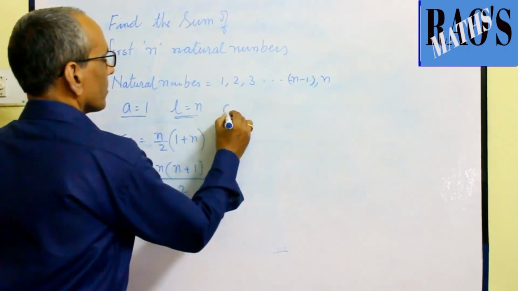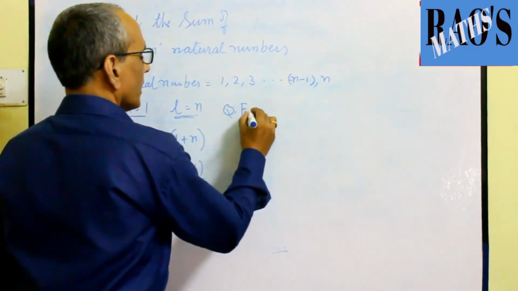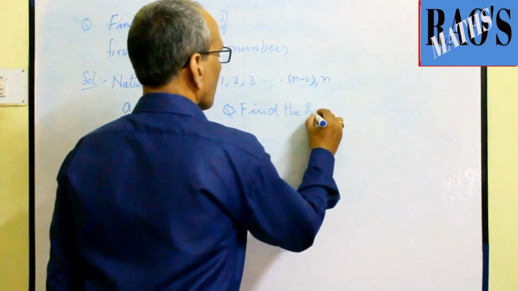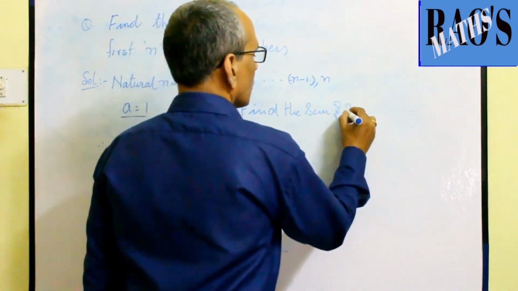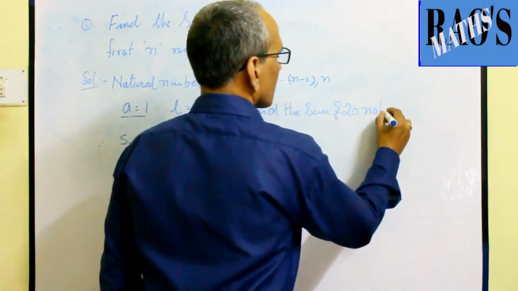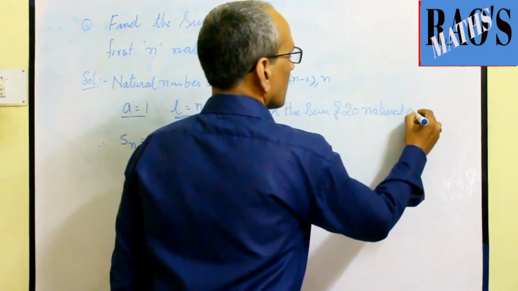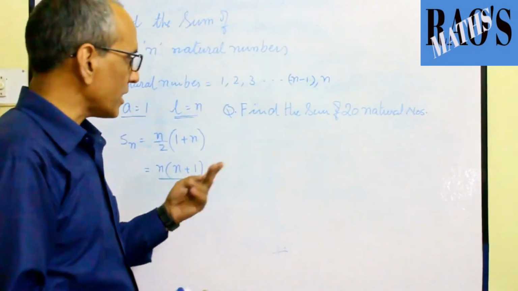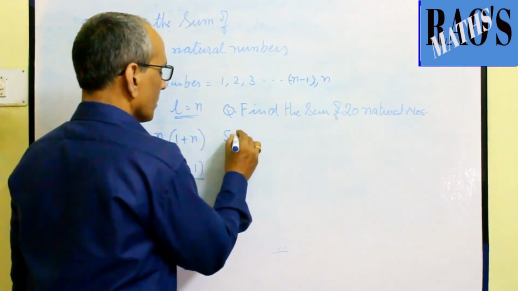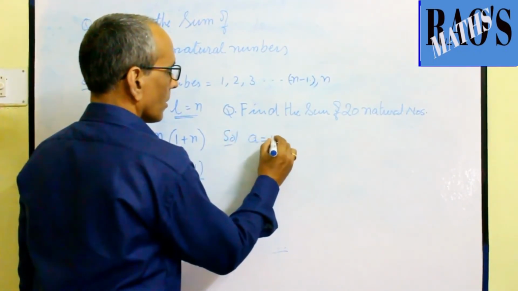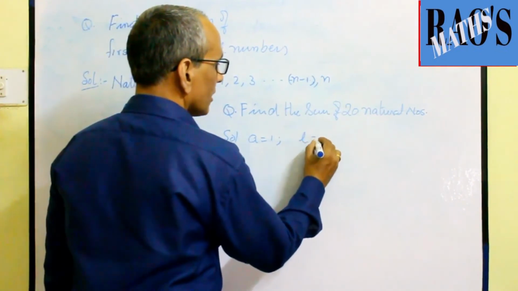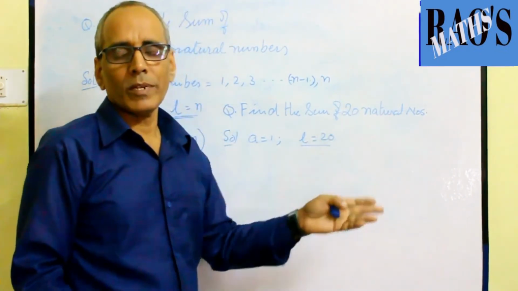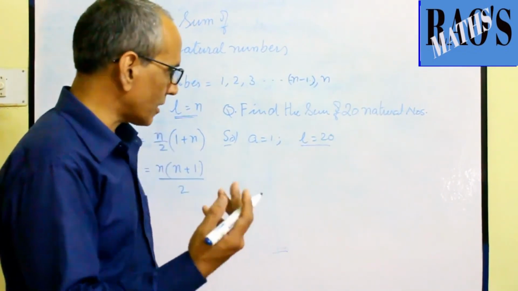Now one question. Find the sum of first 20 natural numbers. So by the question we understand a is 1 and l is 20. Because I want the sum of 20 natural numbers, obviously 20 is the last number in the series.